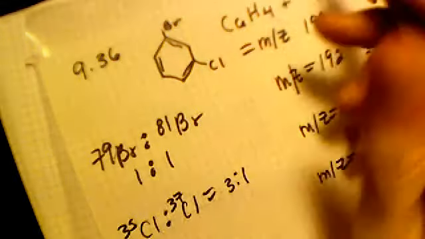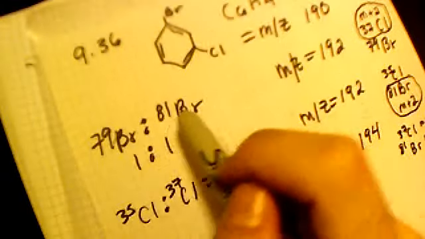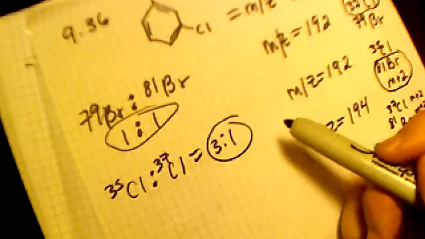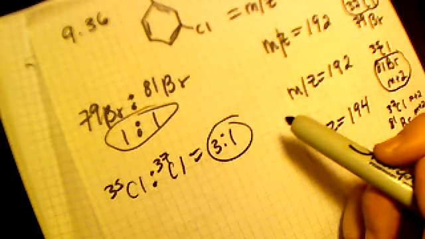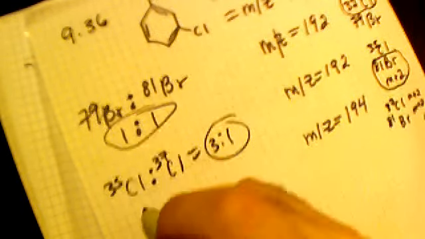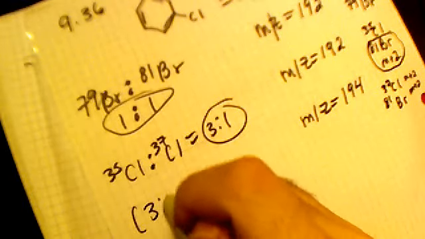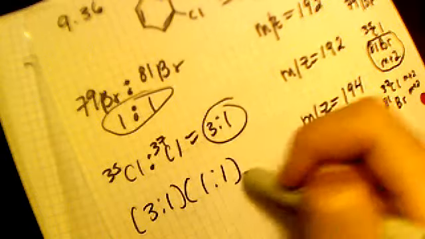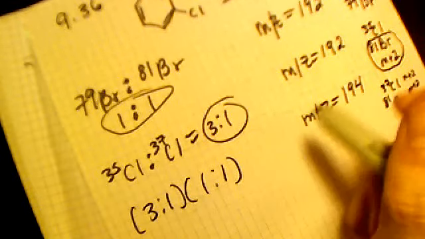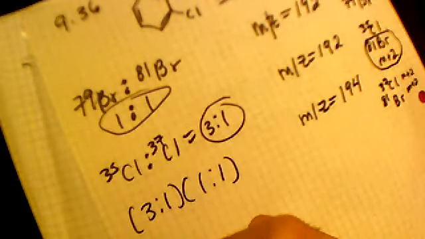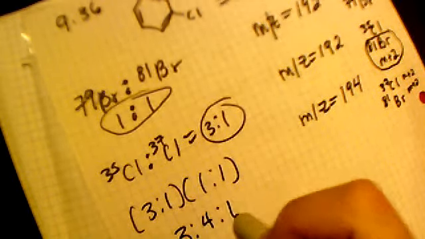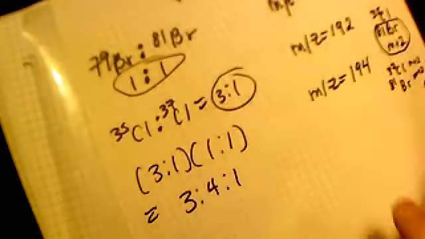Okay, so they're saying you have one bromine and one chlorine. Here we have a 1 to 1 ratio for bromine and a 3 to 1 ratio for chlorine, so you need to simplify the expression. Now, I don't exactly understand how they're getting 3 to 4 to 1.